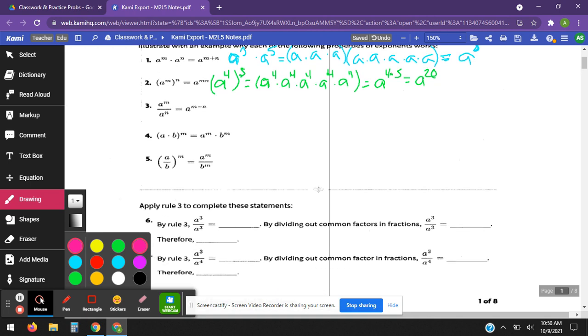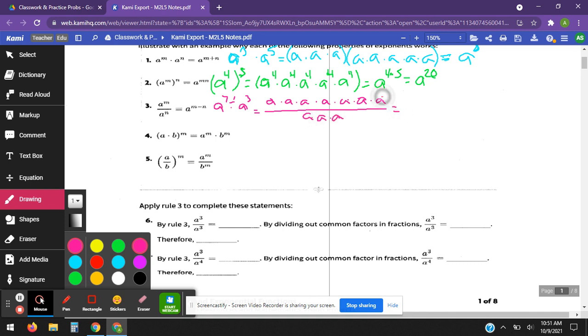So we add exponents, we multiply exponents. Now when we divide numbers of the same base, we are going to subtract. Let's prove that. So I'm going to do a to the 7 divided by a to the 3rd. I have 7 a's in my numerator, 3, 4, 5, 6, 7, and 3 in my denominator.